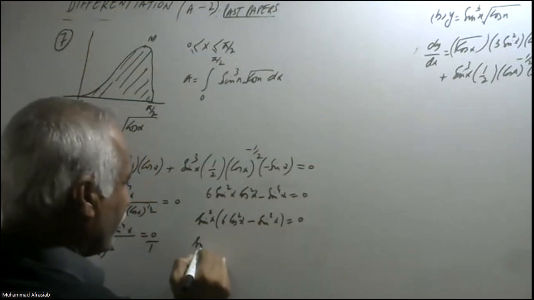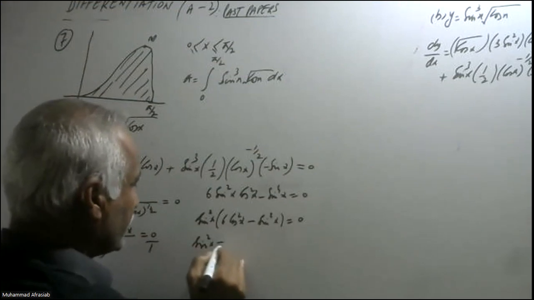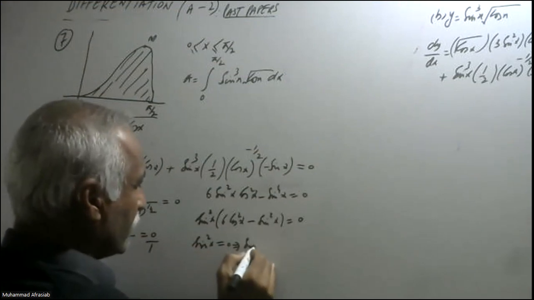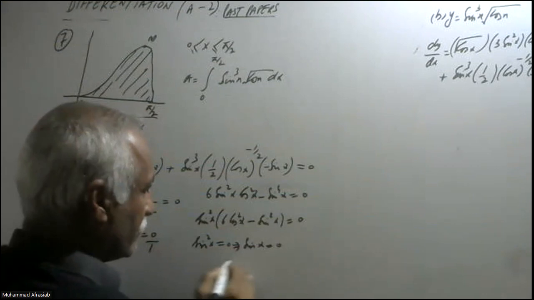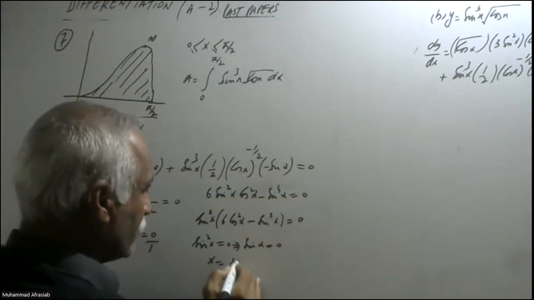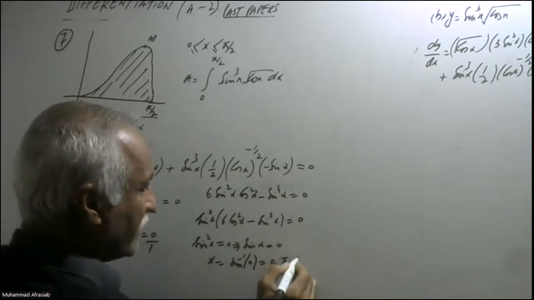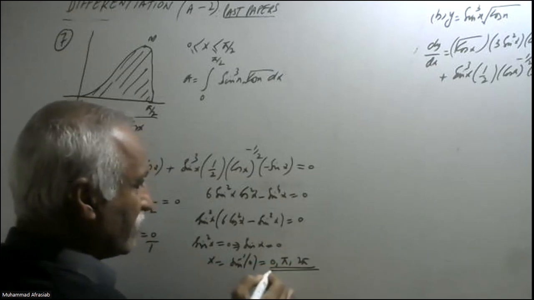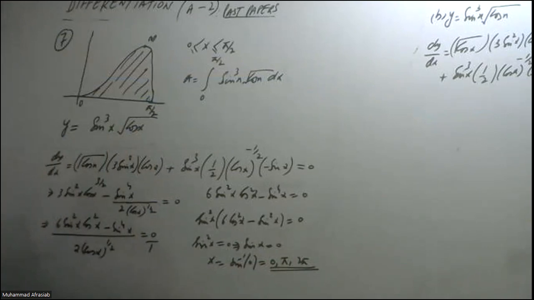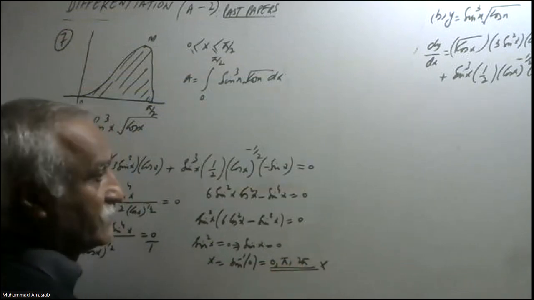If sine square of x is equal to 0, then sine of x is equal to 0, then x is equal to sine inverse of 0, which is 0, pi and 2 pi, but they are not in the range of this point, which is in between 0 to pi by 2. So these values will be rejected.